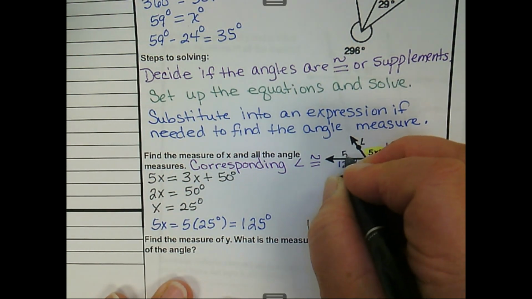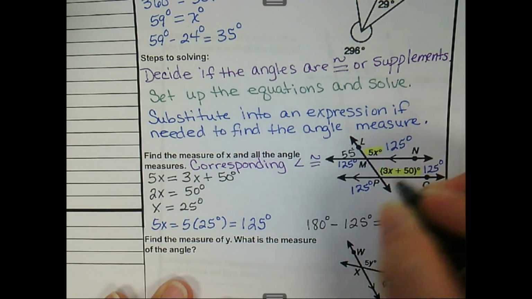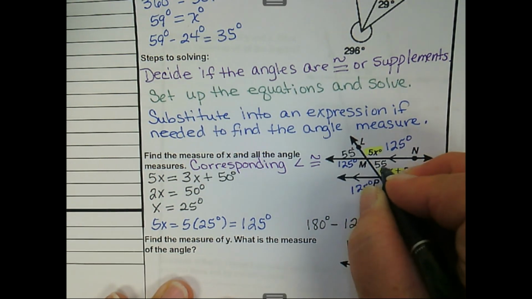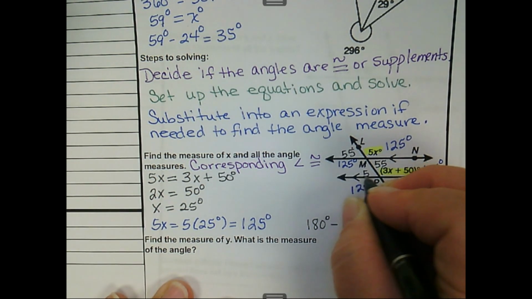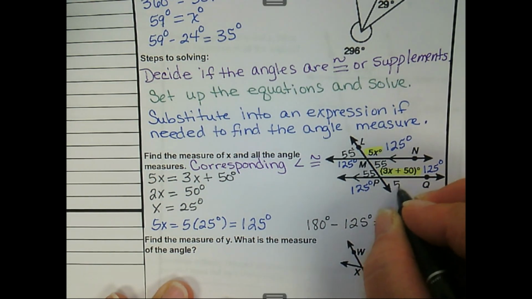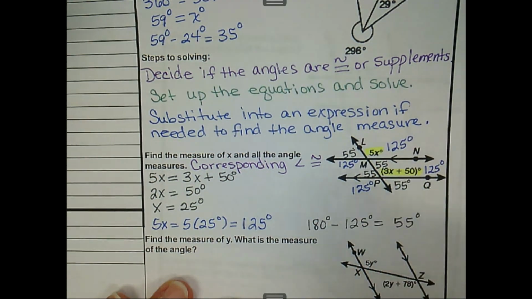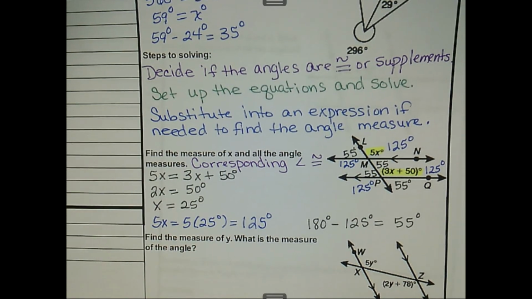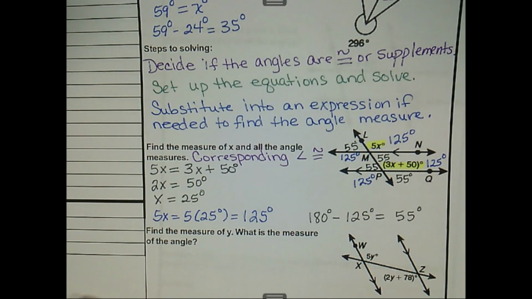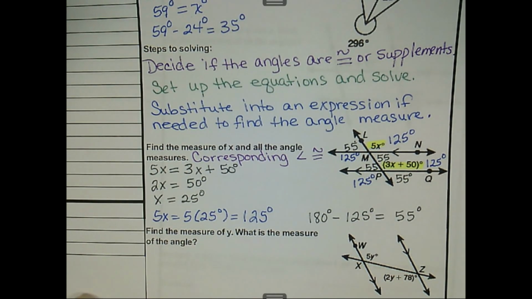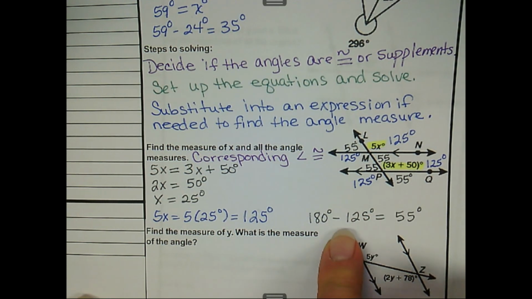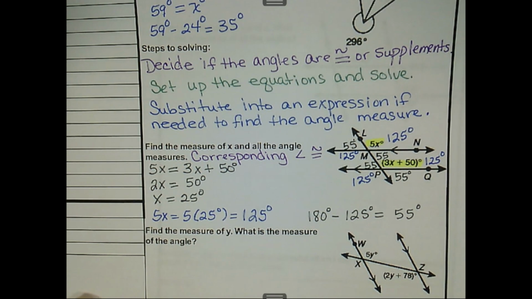All the rest are 55 degrees. Okay, when you know 1, you know 4, and then you use 180 minus that 1 to find the other 4.